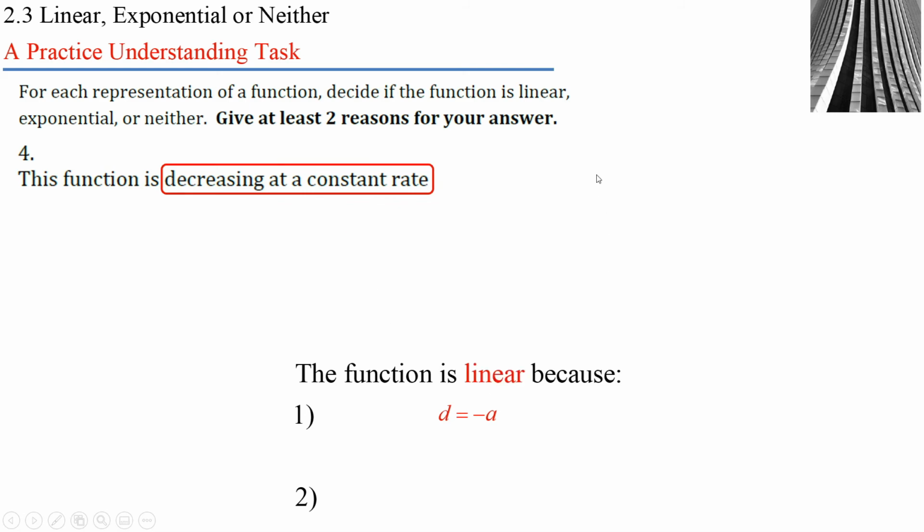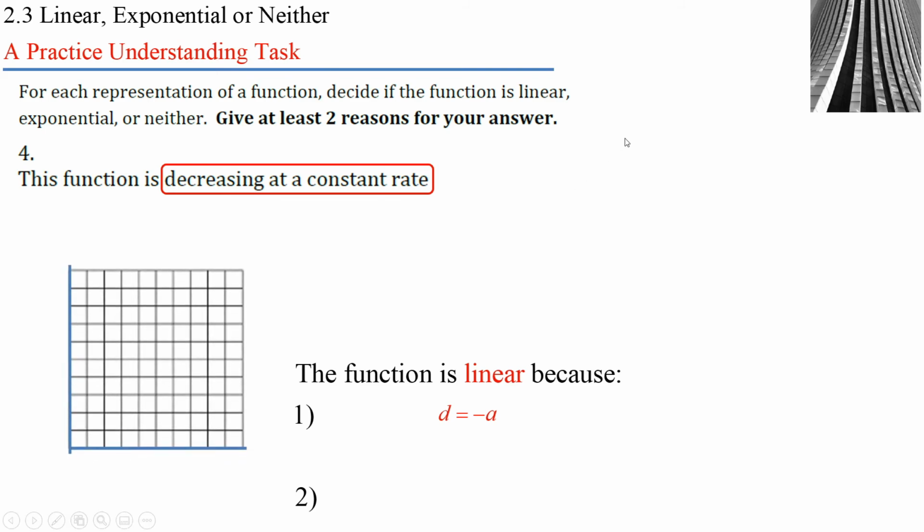Now, I need another reason. So this gets a little abstract, but I'm going to do a graph now, okay? I'm going to call my inputs x and my outputs f of x. And I'm going to scale my x-axis. I'm going to make every hash mark worth 1/2.